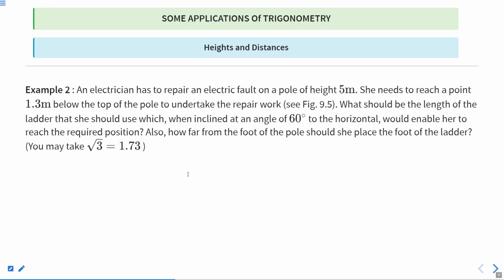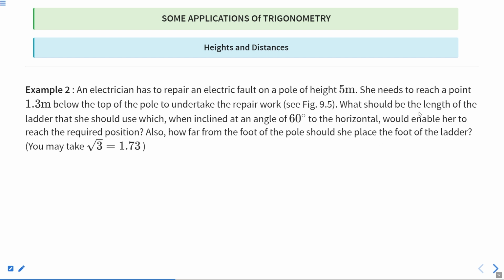Now let us see the next example. In the next example, an electrician has to repair an electric fault on a pole of height 5 meter, and she needs to reach a point 1.3 meter below the top of the pole to undertake the repair work. You can see figure 9.5.